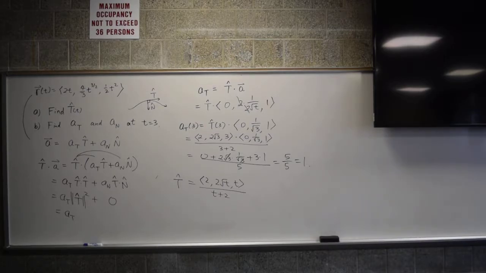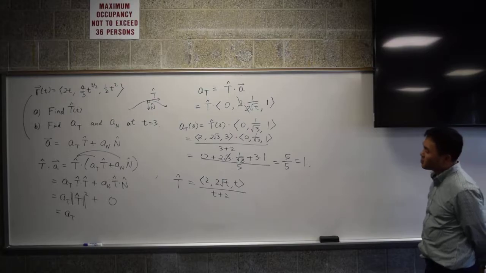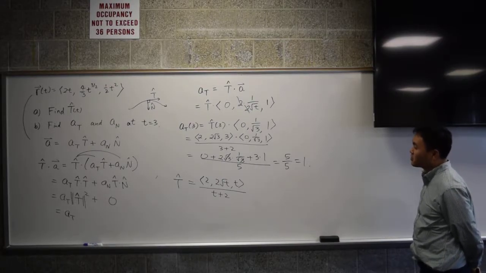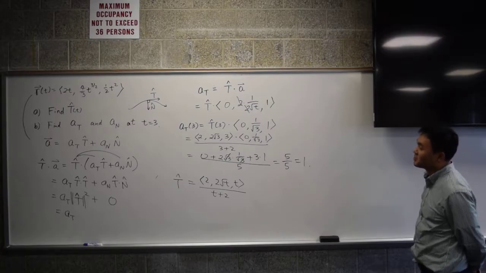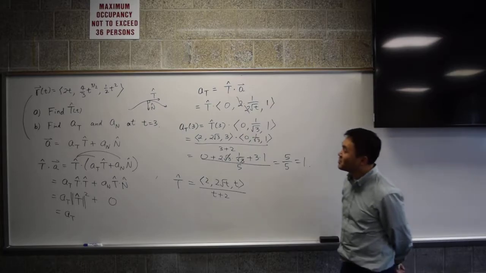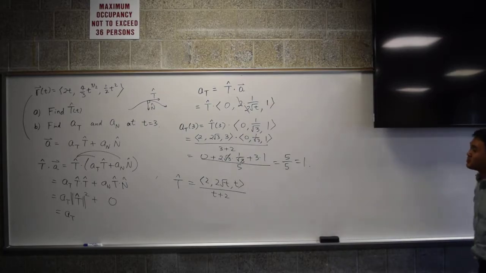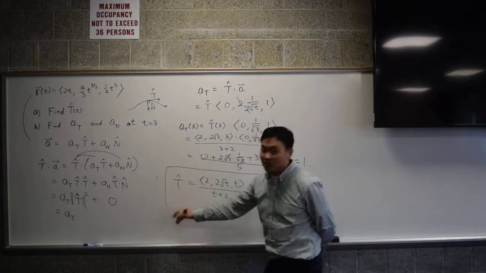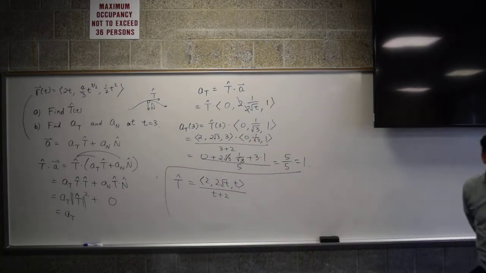For some reason, it became 1. It's not always true. Oh, okay, it's actually always true. For any value of t, I can see that it's always 1. That's interesting. Okay, so check that if you have time. For any value of t, you will always get 1.